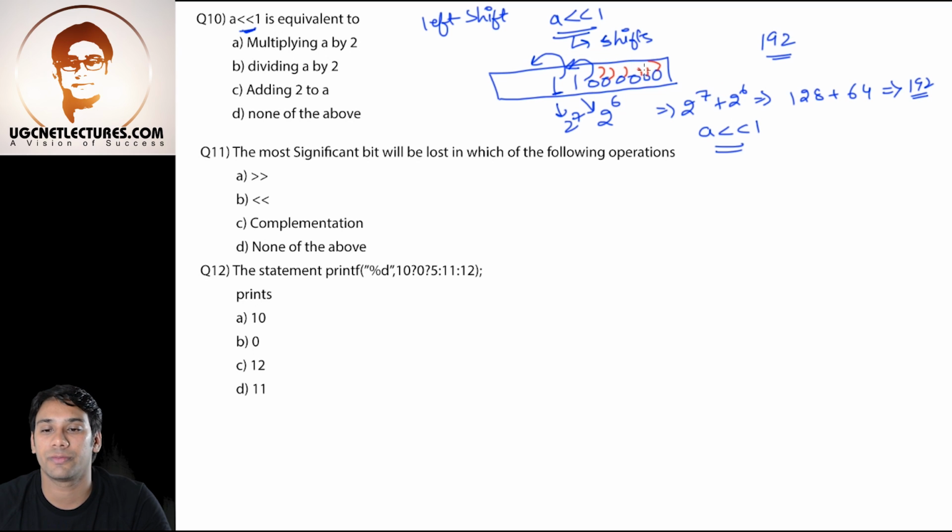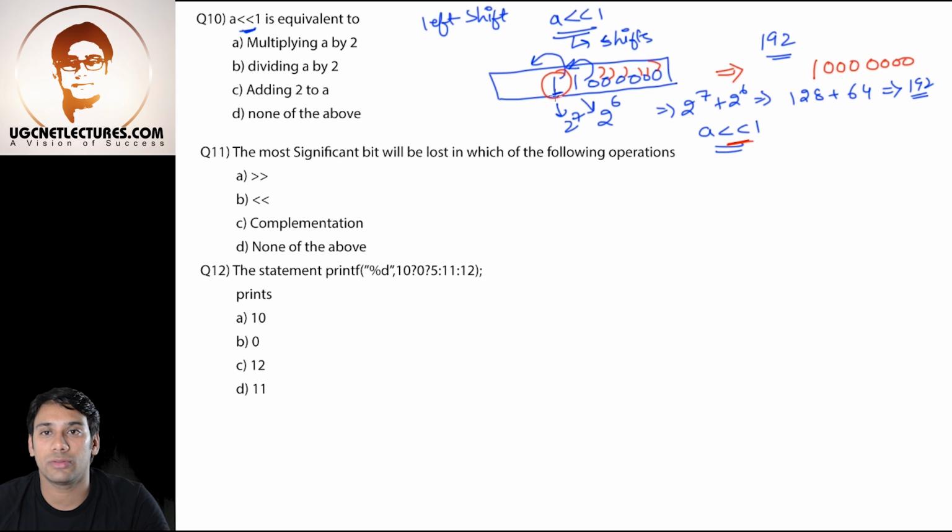All these bits will be shifted. So the new bits after doing this operation are going to be 1000000. Okay, and this last one will be lost because this is only a 1 byte variable. So every bit is shifted to the left, from right to left. That means I'm losing 1 bit.